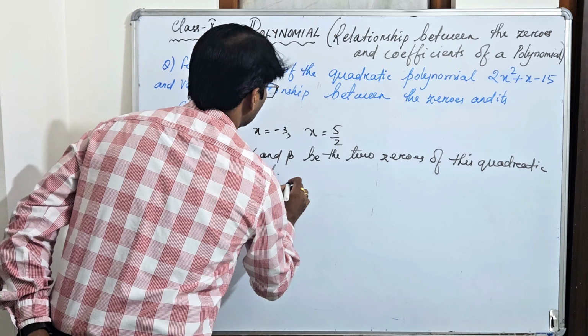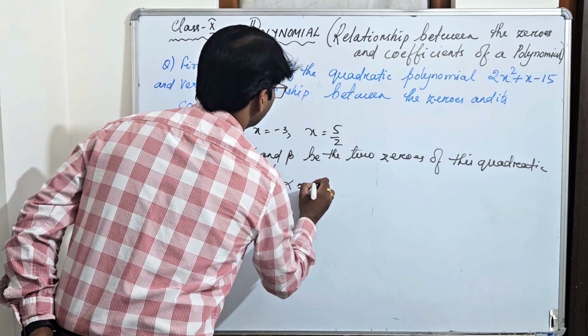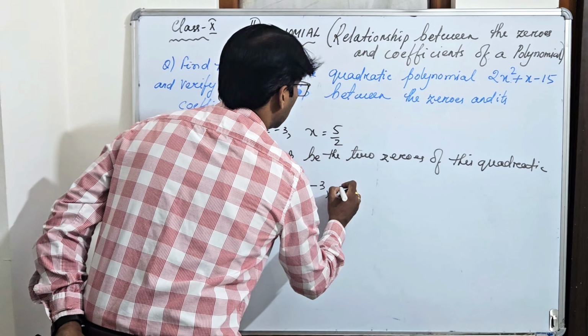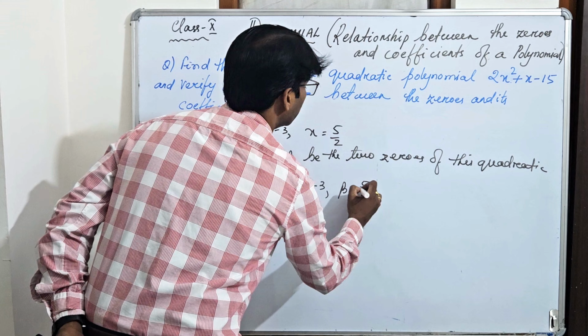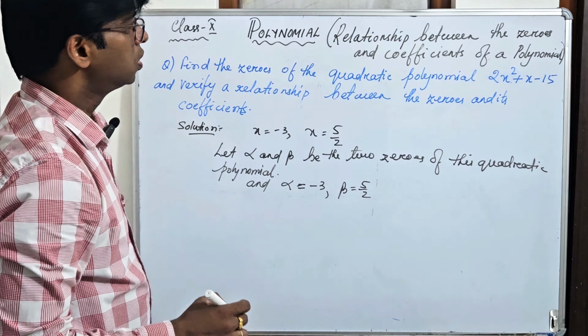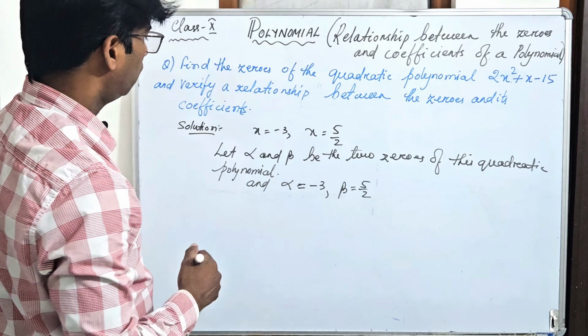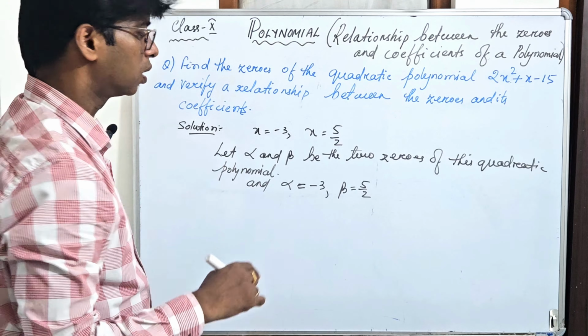Alpha is taken to be minus 3, and beta will be taken as 5 by 2. Because since we are going to show the relationship, we have to go for the sum of the zeros and the product of the zeros.